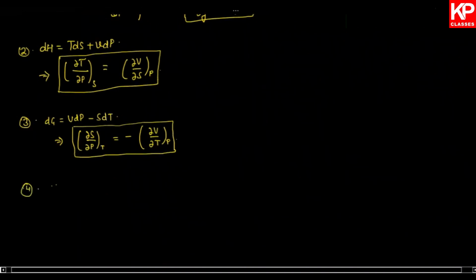And finally, for the Helmholtz free energy, dA, you can directly write it down, which is equal to minus SdT minus PdV, where del S by del V at constant temperature equals del P by del T at constant volume.